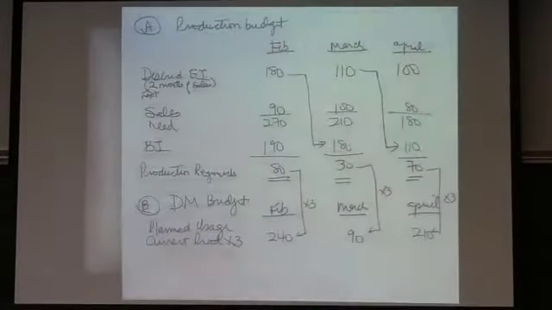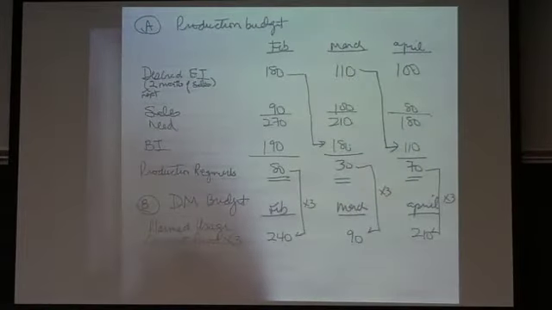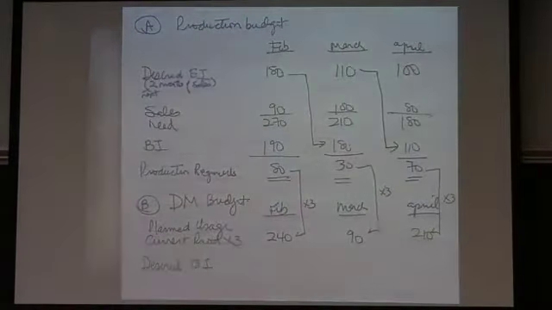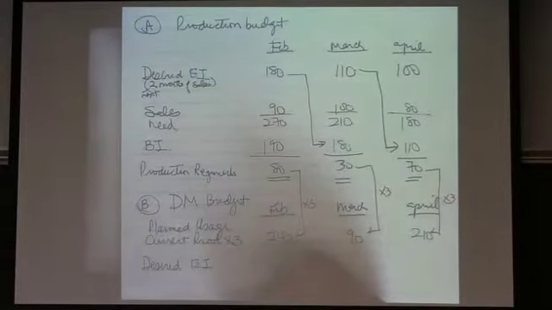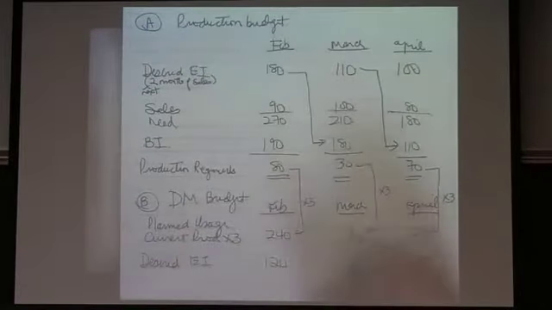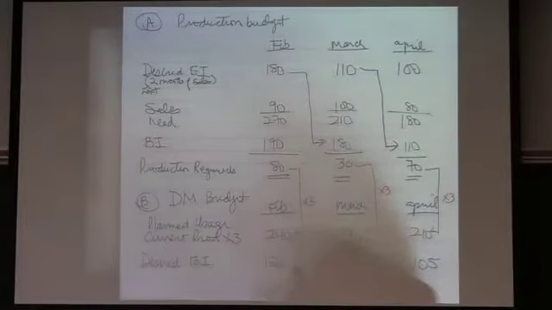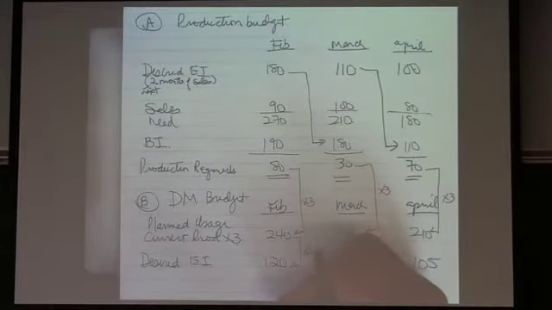Okay. Desired ending inventory. We know that we need 1/2 of current month's needs. So this would be 120. So 1/2 of this, 45, and 105. So this will be times 50%.